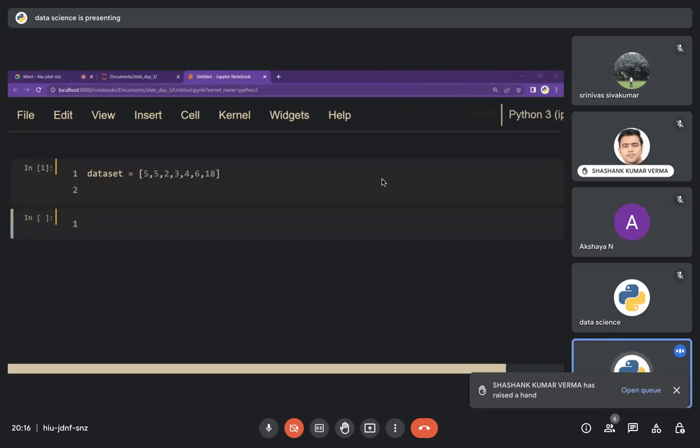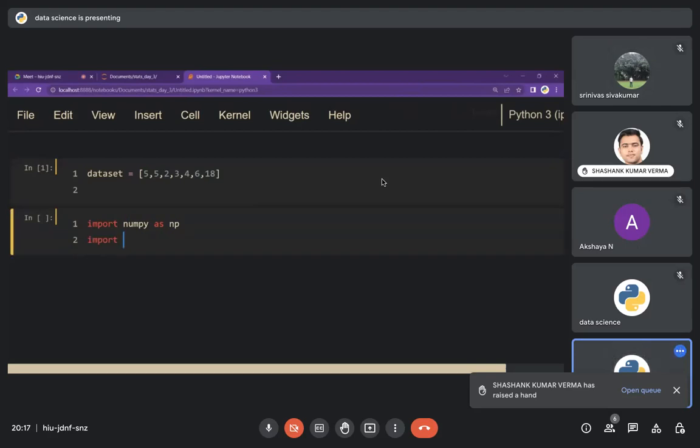I will go with the standard libraries which are already available, like import NumPy. NumPy is the package, as np. And I would like to go with SciPy. SciPy is the scientific library which will help you calculate mean, median, mode, standard deviation, variance, all sorts of things. So go with that because these libraries are already available. But you know the formula, right?